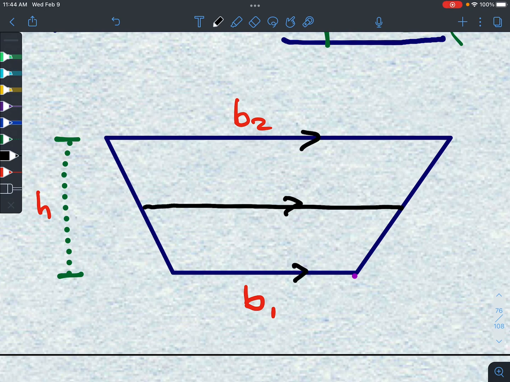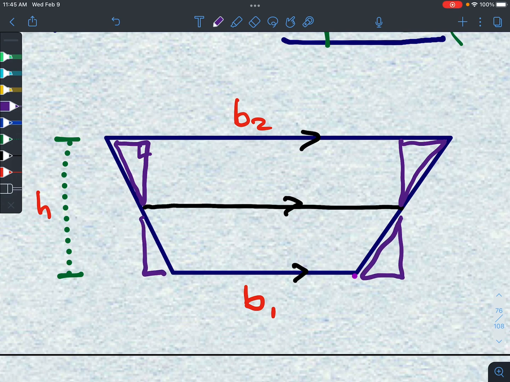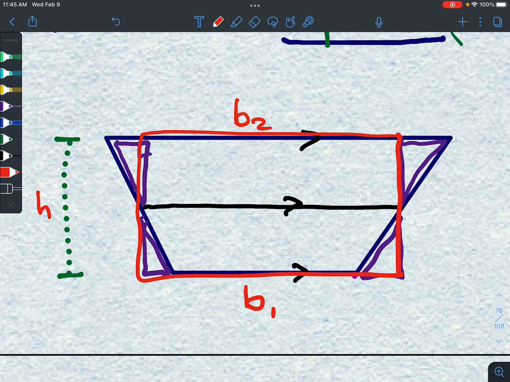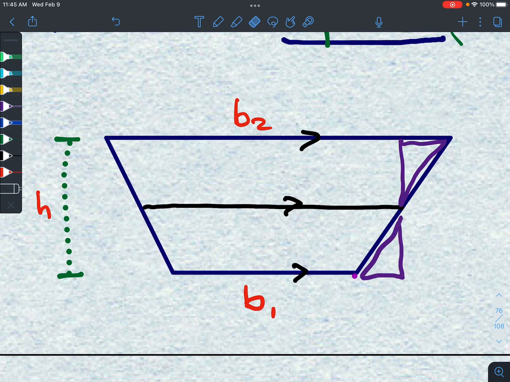And that parallel side, you can now think of it as helping you build a rectangle, because I could take this triangle here, provided it's a right triangle, and this triangle here, and I could flip those 2 triangles down here, and therefore end up with a rectangle that looks like this. Okay? That would be equivalent to the area of the trapezoid. And this is an important way to begin thinking about trapezoids and how to find the areas of them. In fact, any particular shape. All right.